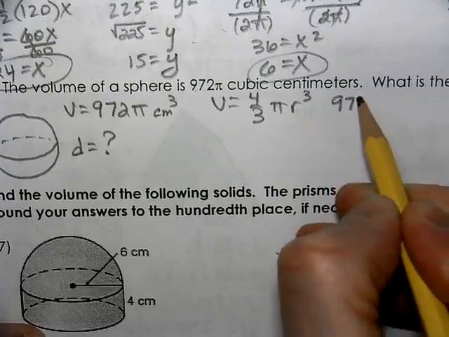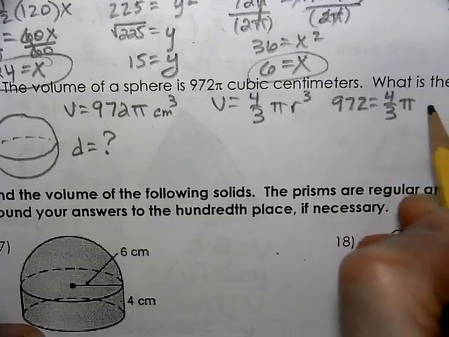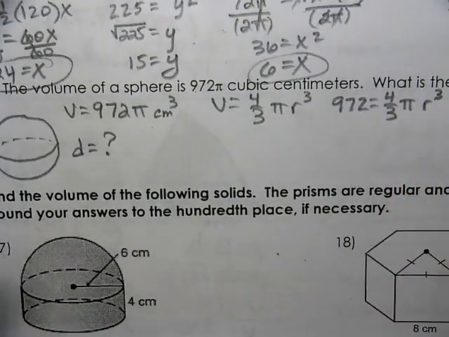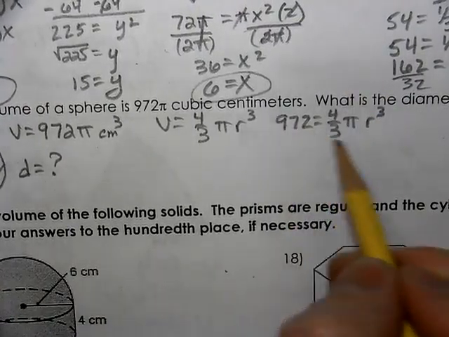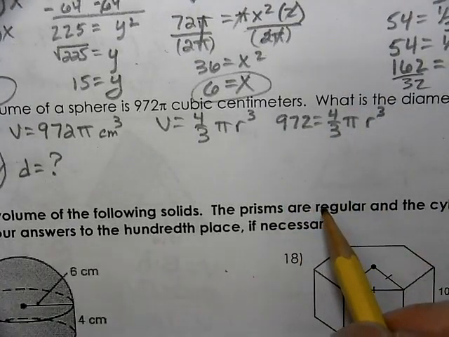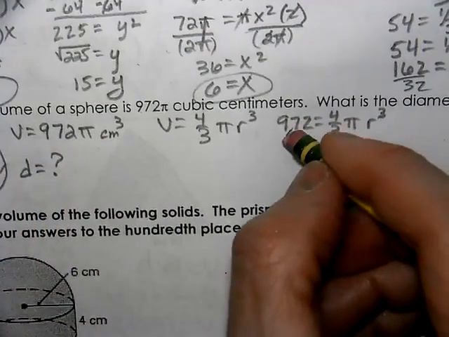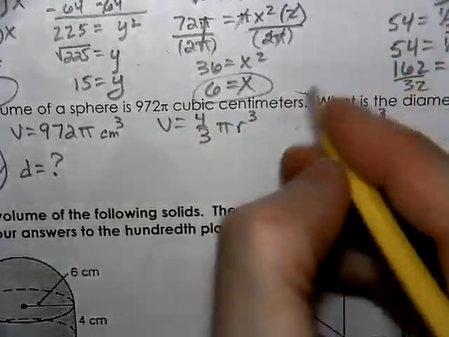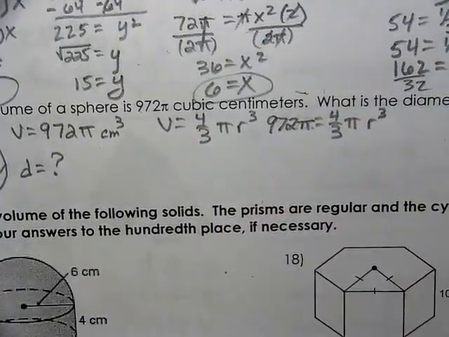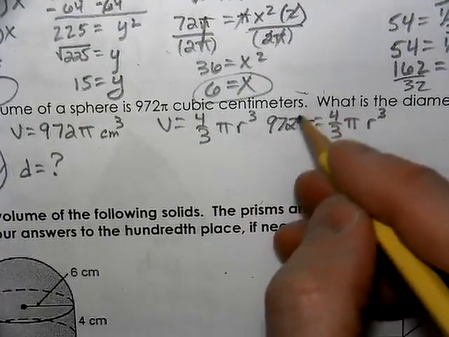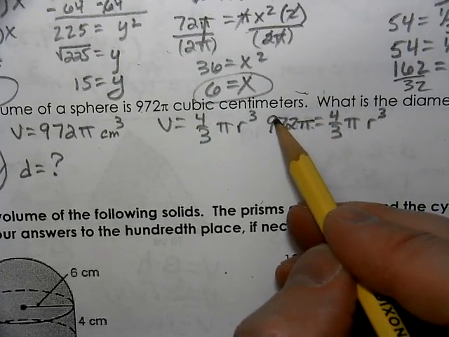So if I take the 972 and I equal that to 4/3 pi r cubed, I can multiply 3 to both sides. And I'm sorry, that's 972 pi. That's a big deal. That would be a common mistake we talk about later. You need the pi there so when you divide by pi, they cross out and you don't mess with the numbers. But let's multiply by 3.